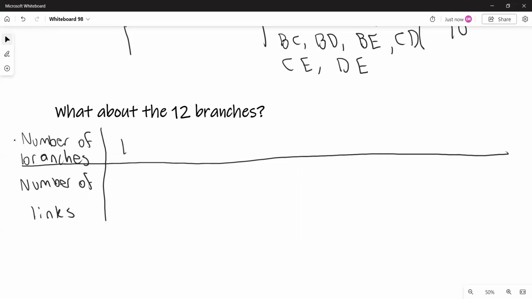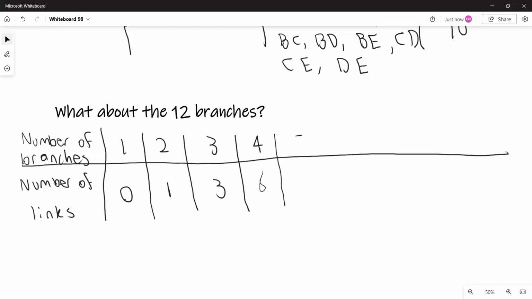So we found that for 0 branches, there are no links. For 2 branches, there is 1 link. For 3 branches, there are 3 links. For 4 branches, there are 6 links. Then for five branches, there were 10 links.